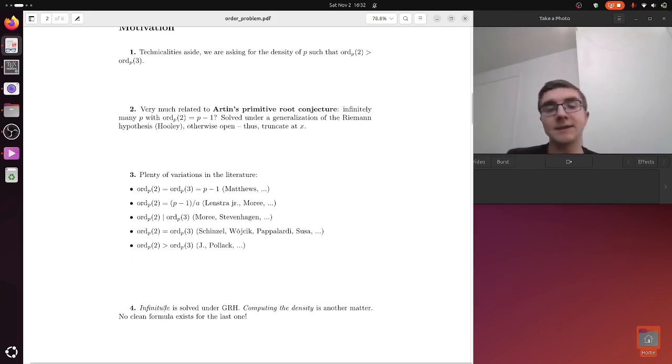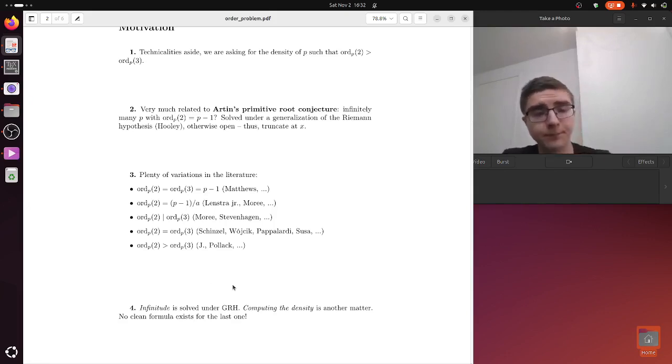In all these cases, the infinitude of such primes p has been solved under the generalized Riemann hypothesis, but actually computing the density of the relevant primes p is more complicated. In particular, unlike in the first four cases, where one can give a closed formula for the density, in the last case, no clean formula exists.